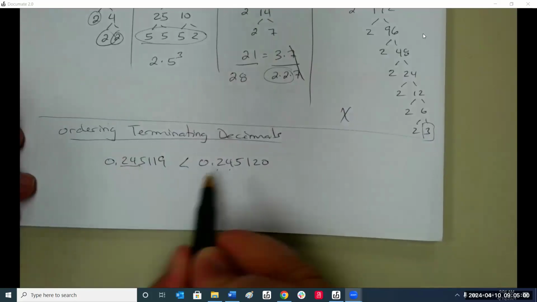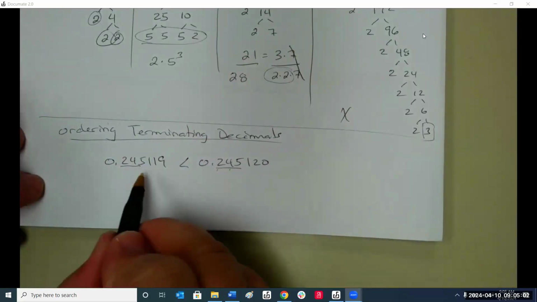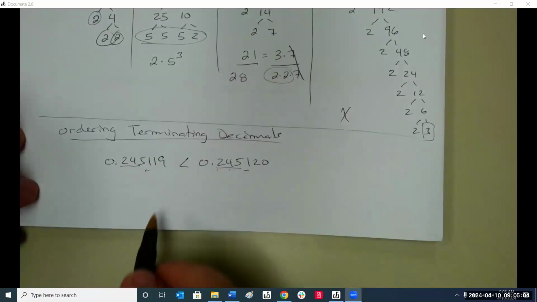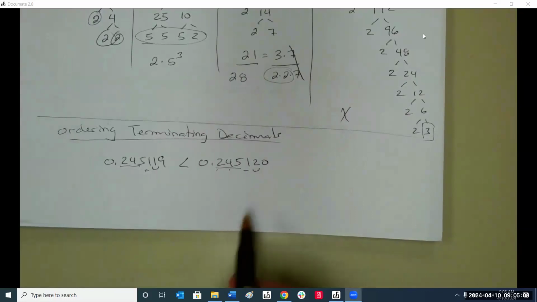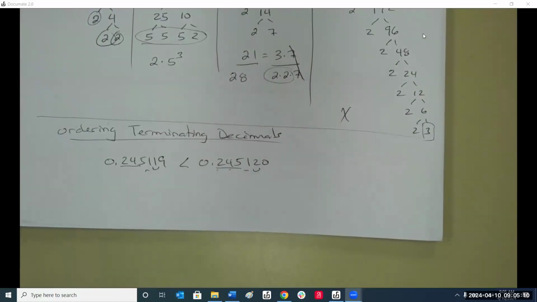So they both have a 2, 4, 5. They both have a 1 and the next number. The next one here is a 1. This one's a 2. So this number is bigger than this one.